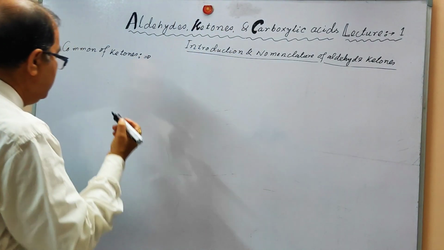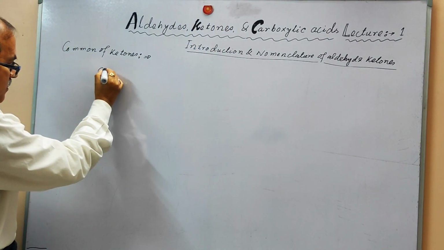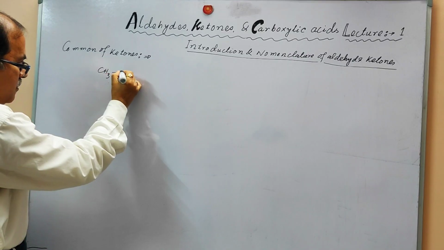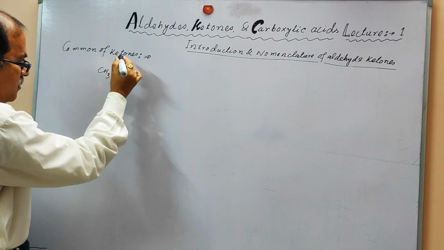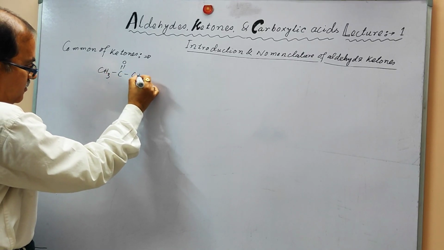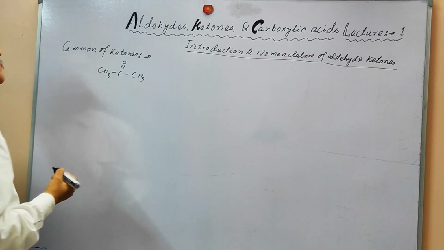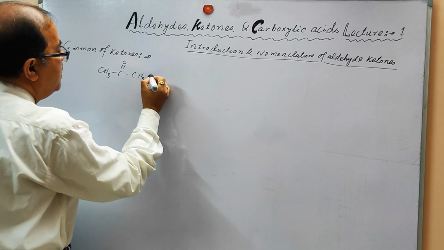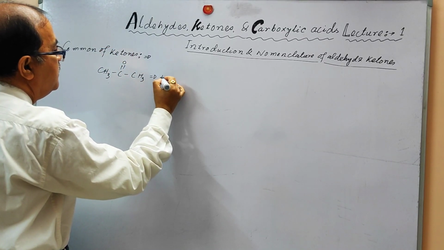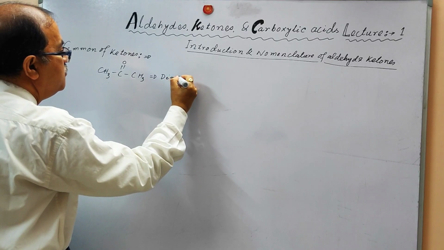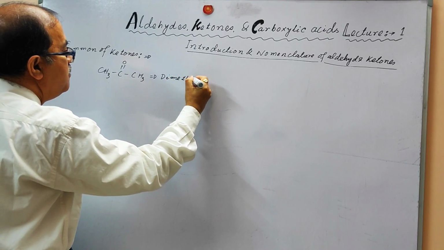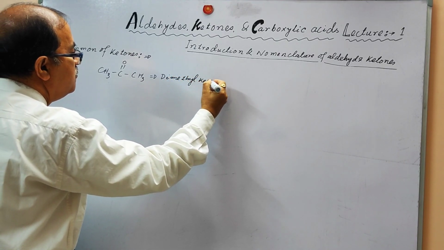As for example, suppose a ketone is given with CH3, a carbonyl group, and CH3. What would be the common name of this? Dimethyl ketone.